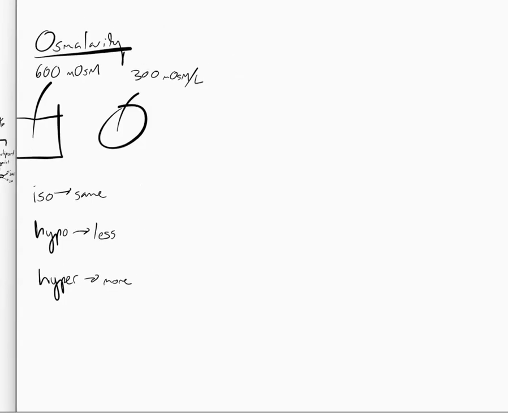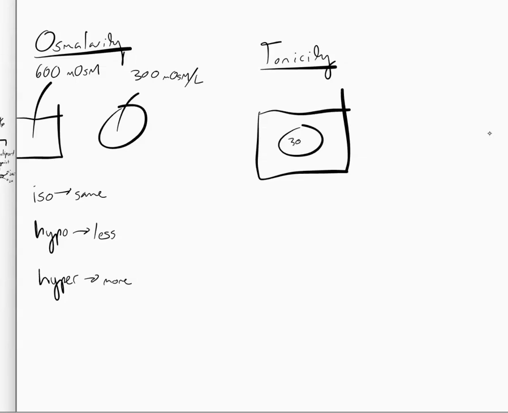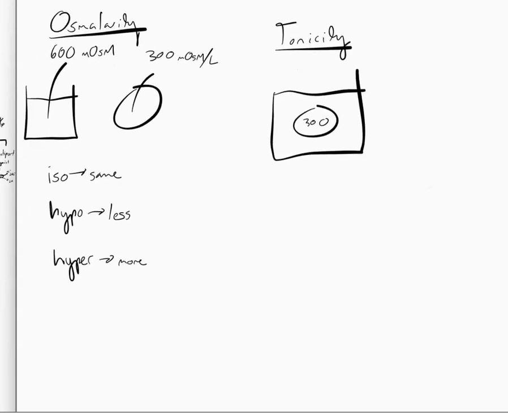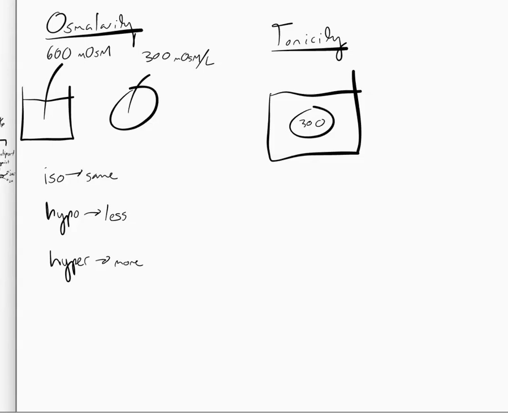And then when we talk about tonicity, it's when we combine the two. So now we have the cell at 300, and depending on what the solution consists of, it can change. It could be absorbed into the cell.